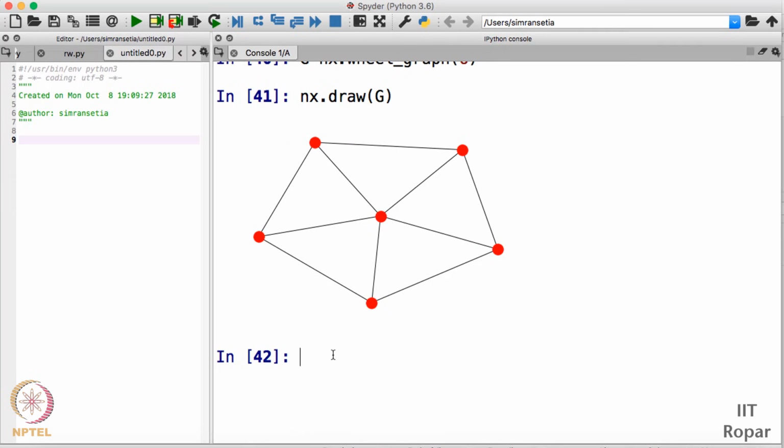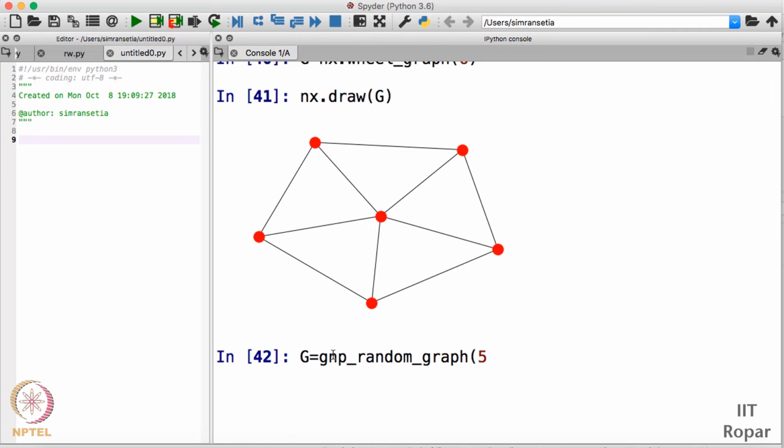Then we also have some random graphs present in NetworkX. So let me show you one instance of a random graph, and we'll be using this random graph for our implementation of PageRank. So I'll just write G is equal to gnp_random_graph, and here the first parameter is the total number of nodes.